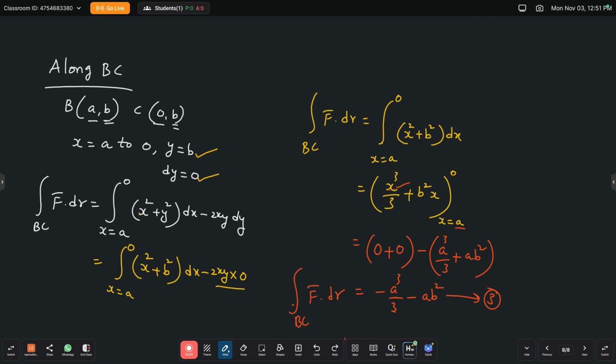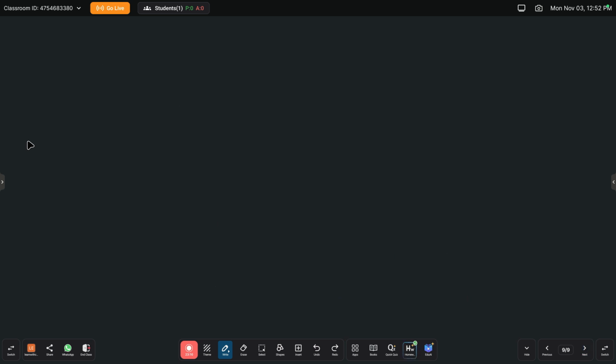At last, we have one more integral along CO direction. Last we'll find along CO direction.